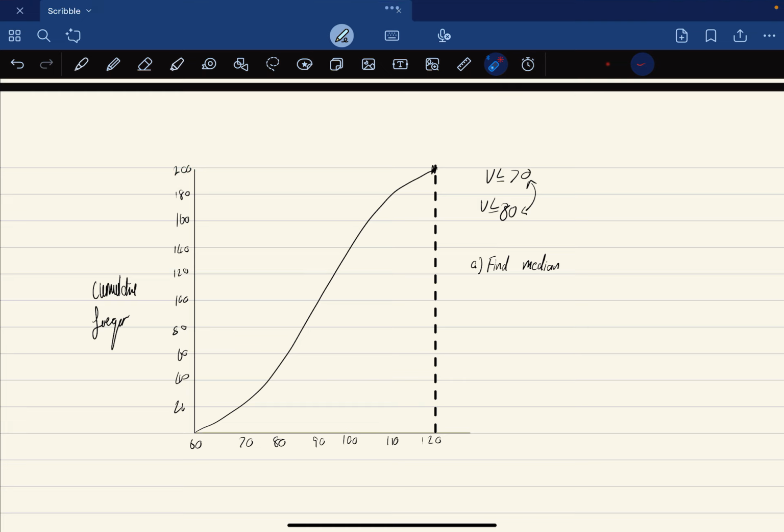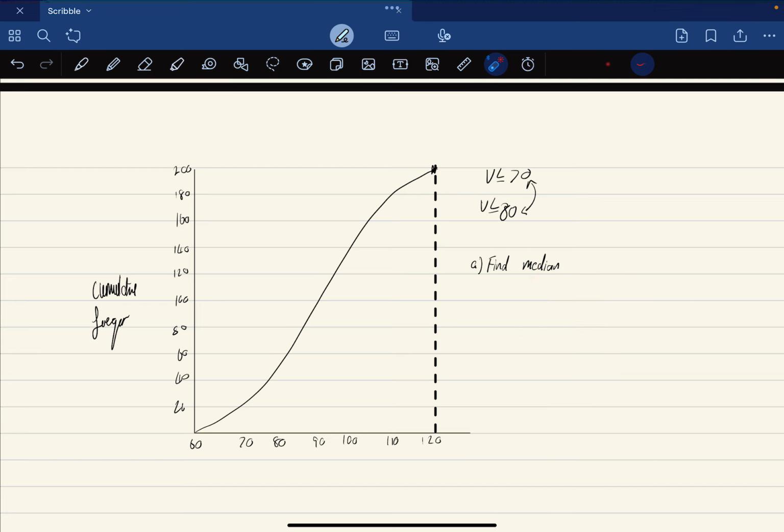What's the middle of that? It's 100 and 101, because if you have 100, there's 99 to the left, and then 101, it's also 99 to the right. So it's 100 plus 101 over 2 would be our median, like their data points.